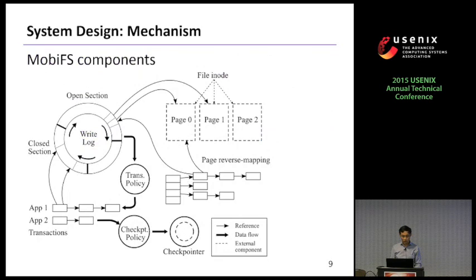Here's a quick look at the main components that we introduce into the memory. By the way, we named our file system MobiFS. We reuse the OS page cache, and each page is referenced by an entry in the write log, where consecutive entries are made into transactions.